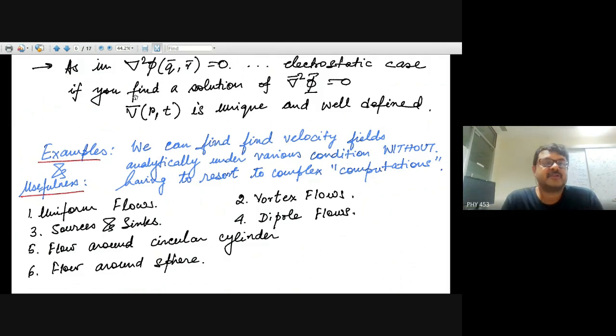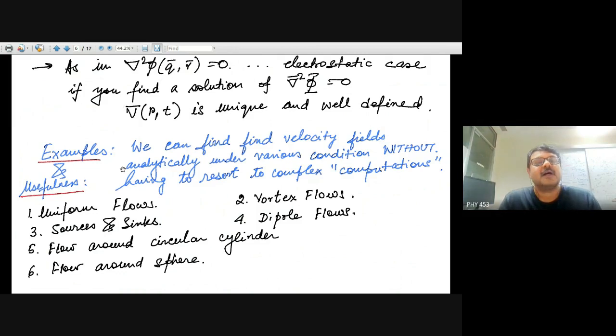Now, from your electromagnetism course, you might already know that if grad square phi equals 0, that means if you're solving for phi in a charge-free space, you can find the solution, and moreover, phi will be unique and well defined, as a consequence of which the velocity field itself will be unique and well defined.